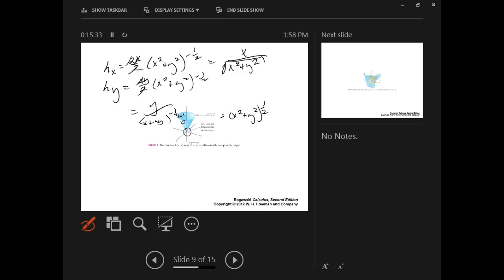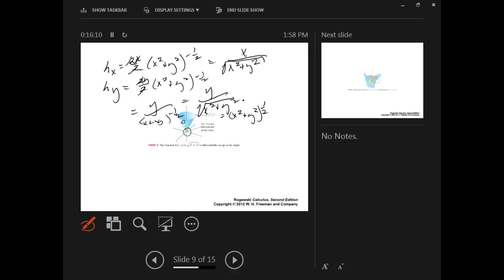So that basically gives you the same thing: y over the square root of x squared plus y squared. Neither one of those exists at the origin. They're not continuous at the origin, and neither is it differentiable there. That's, I think, all we have to do. Where is it differentiable? Everywhere except the origin.